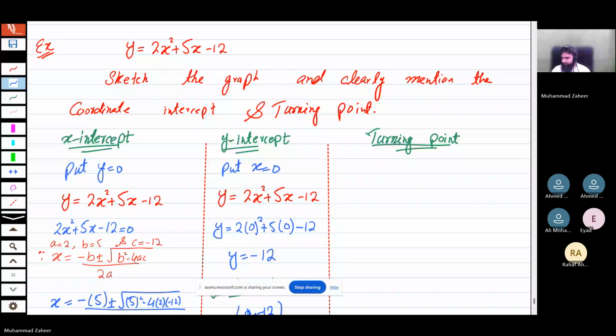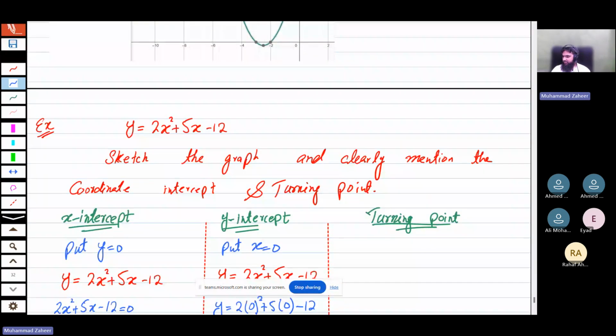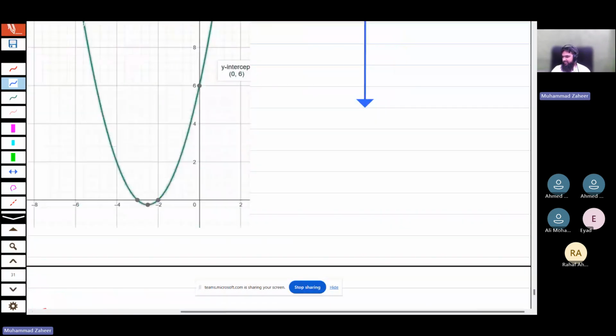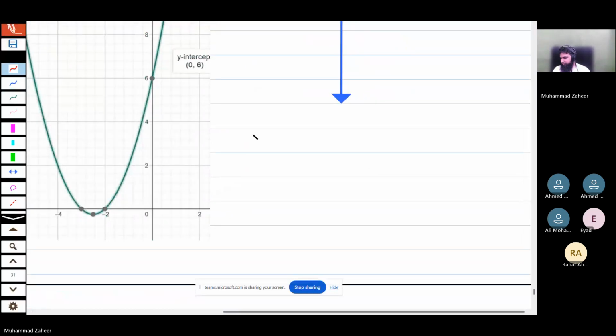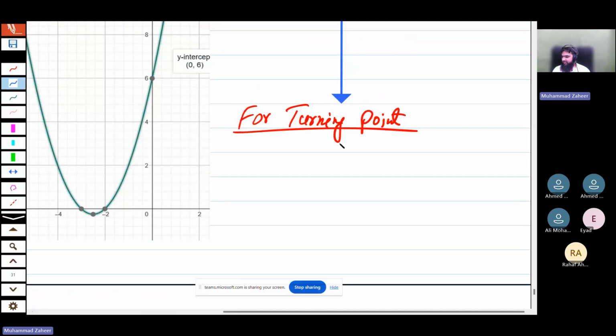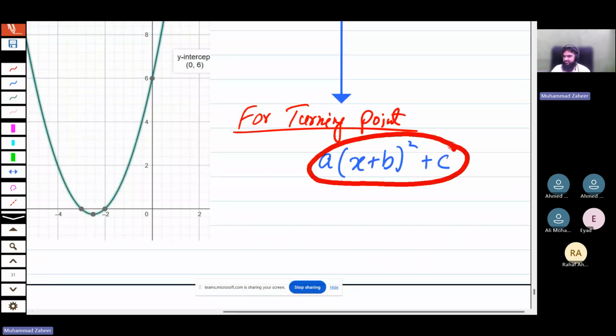Now the last thing left is the turning point. For the turning point, you have to remember that you need to rewrite the equation in this form: a into (x plus b) whole squared plus or minus c.